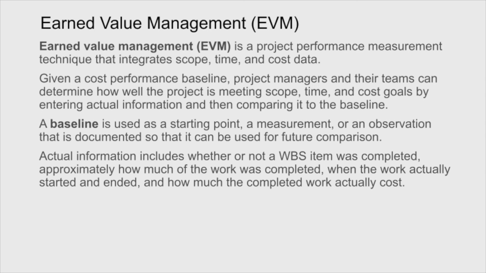So earned value management assesses the idea of, is it living up to the plan? If the plan says we're supposed to be this far in 6 months, are we this far in 6 months? If the plan says that it will cost $1 million in 6 months, are we spending $1 million in 6 months? I need you to take a look at the videos there to really get a handle on the detail of earned value management.